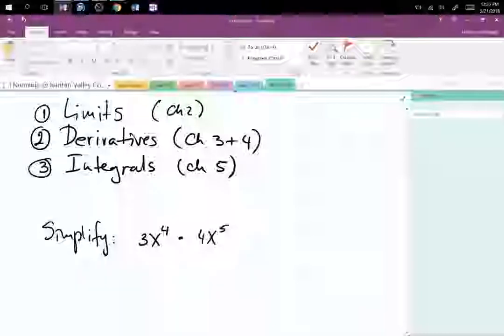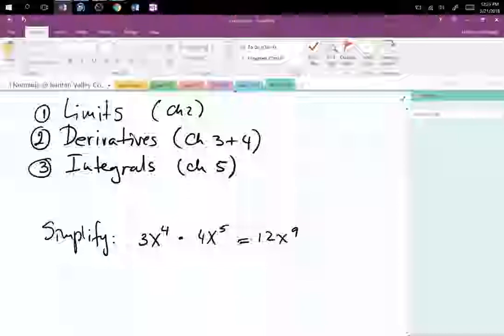There is no change here. This is it, right? And you would say, okay, 3 times 4 is 12, and 4 plus 5 is 9, so 12x to the 9. And you're done, right?